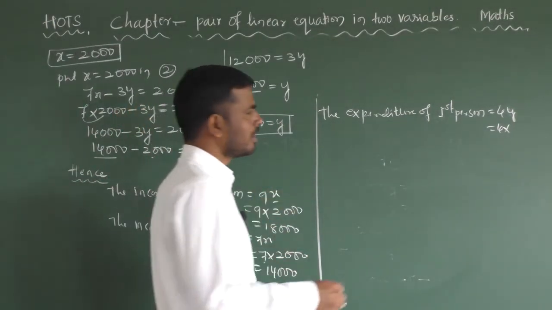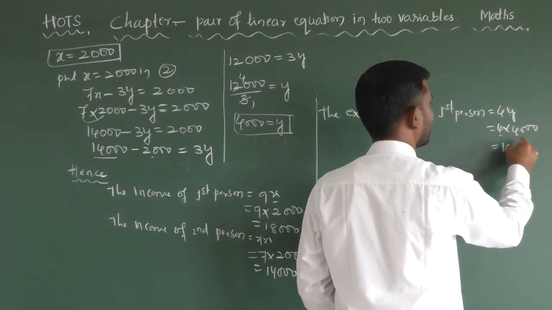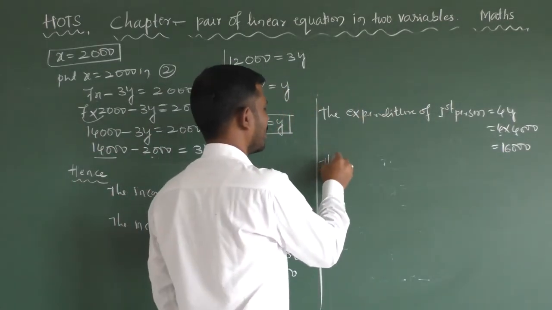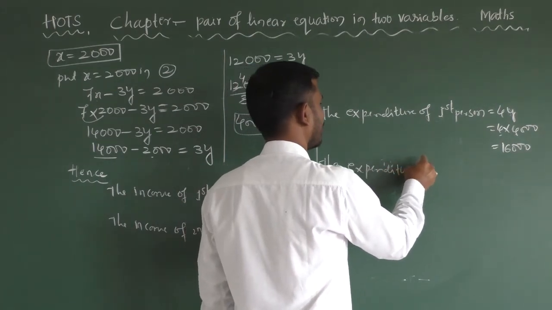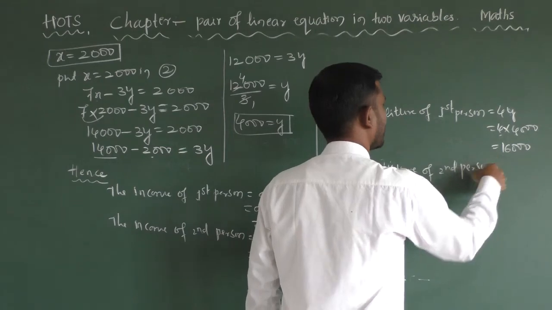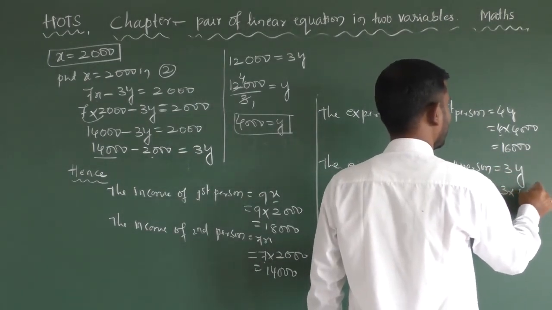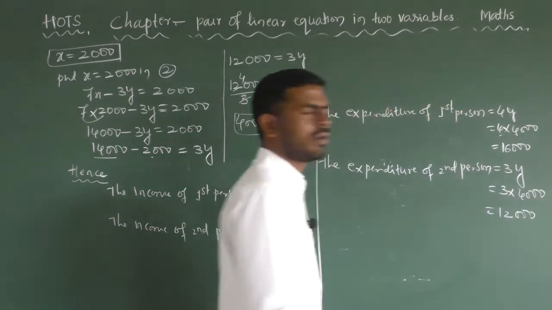Y is 4,000, and 4 fours are 16, so the expenditure is 16,000. Next, the expenditure of the second person is 3y, 3 into 4,000, 3 fours are 12,000.